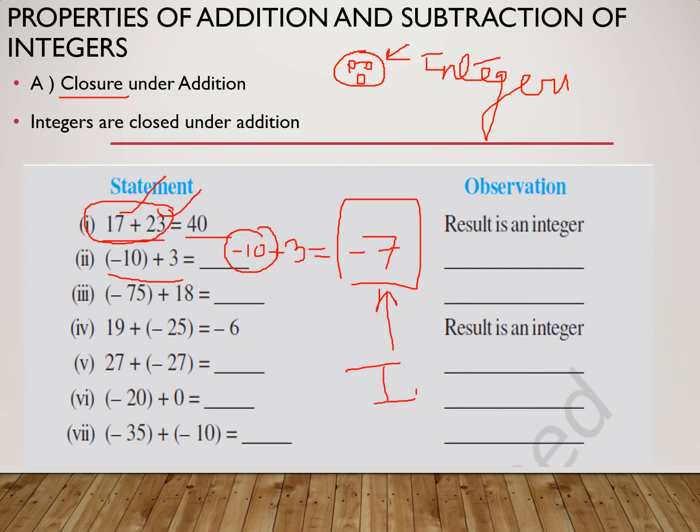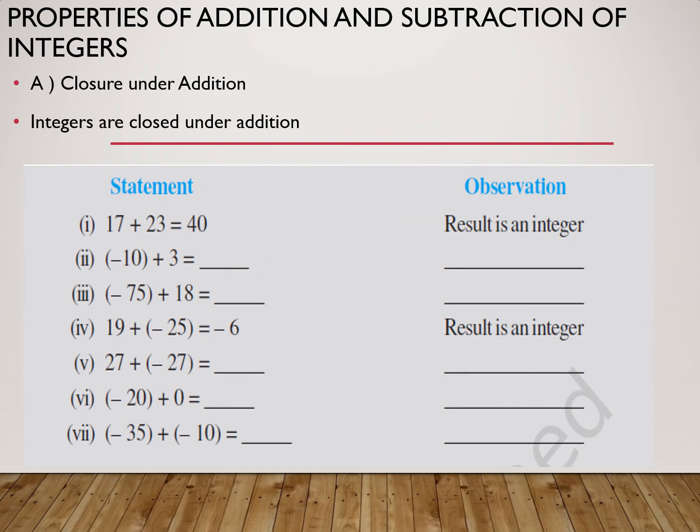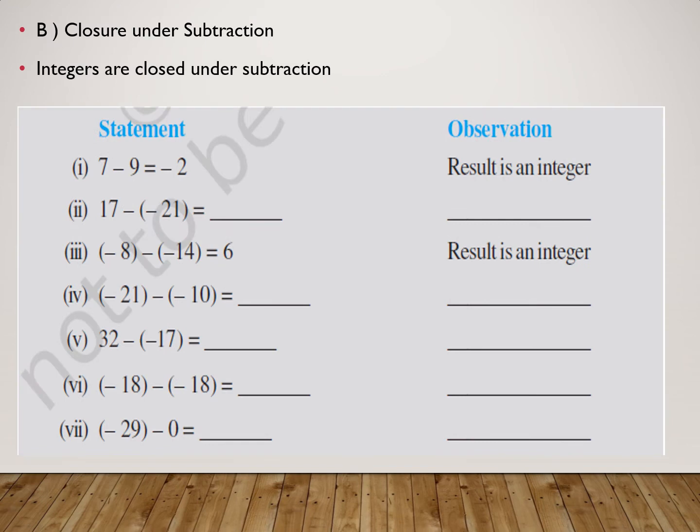It is also an integer. Therefore, we can say integers are closed under addition as well as subtraction. Okay. You can try the remaining questions and check the answer coming is also an integer. Similarly, subtraction part, I've already told you, you can solve any of this and you will find that the answer coming is also an integer.